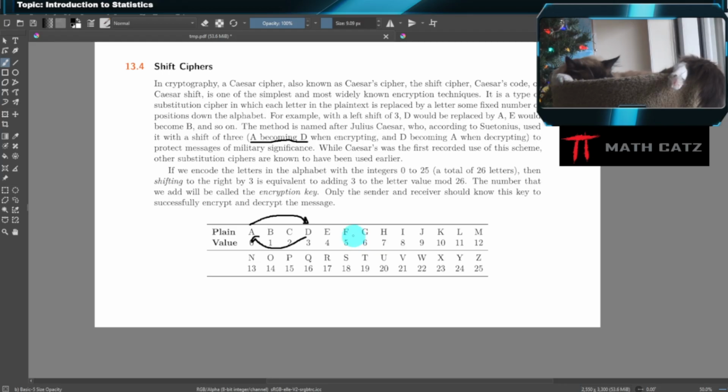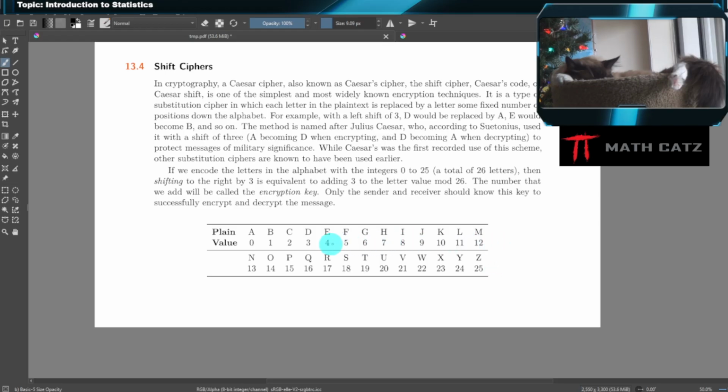So we're going to undo these arrows quickly to still look at Caesar's system, but make it a little bit more official and fancy. So we're going to assign numbers 0 to 25 to each letter in our alphabet.